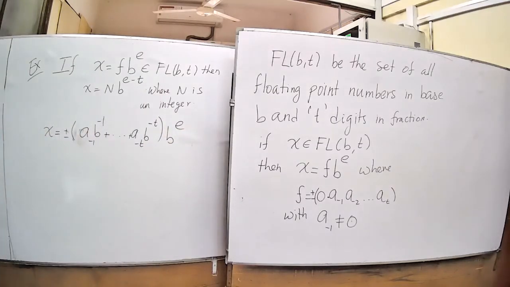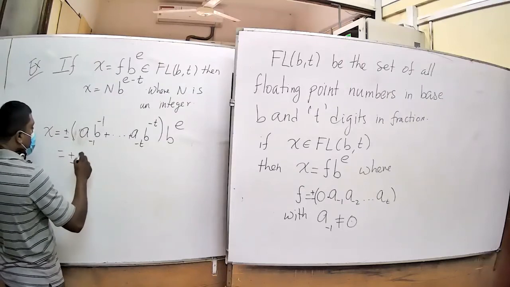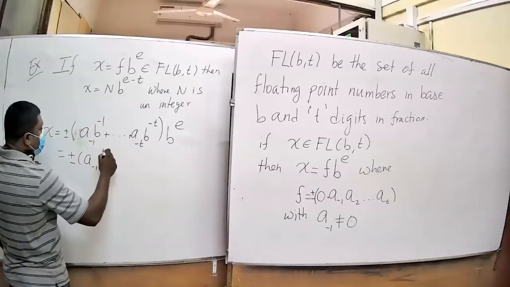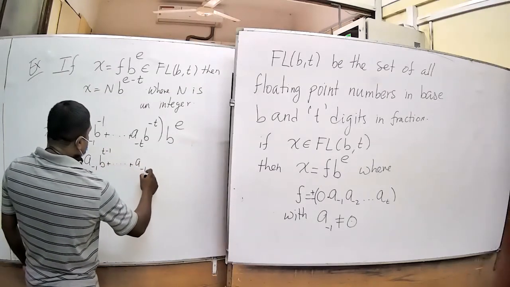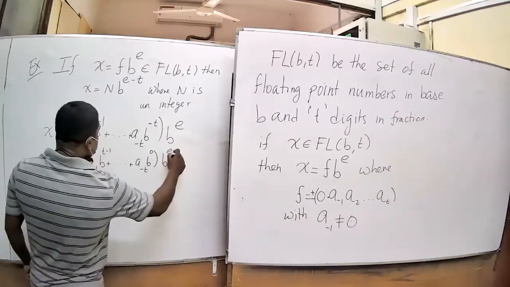So this is the polynomial representation of this number. So this is basically plus or minus a1 b to the power t minus 1 plus all the way up to a_t b to the power naught, times b to the power e minus t.